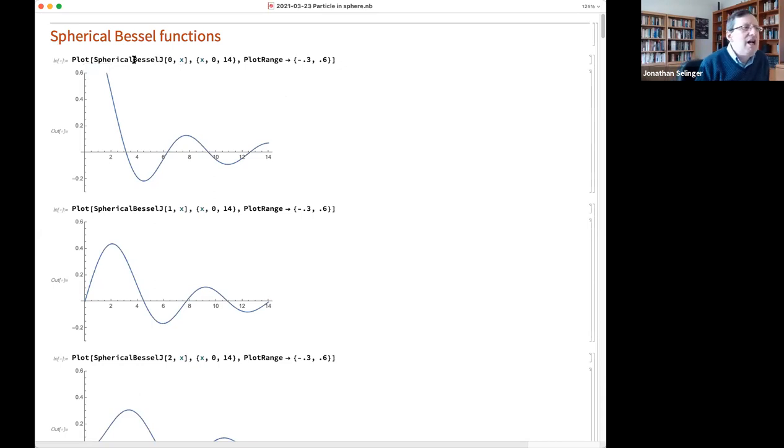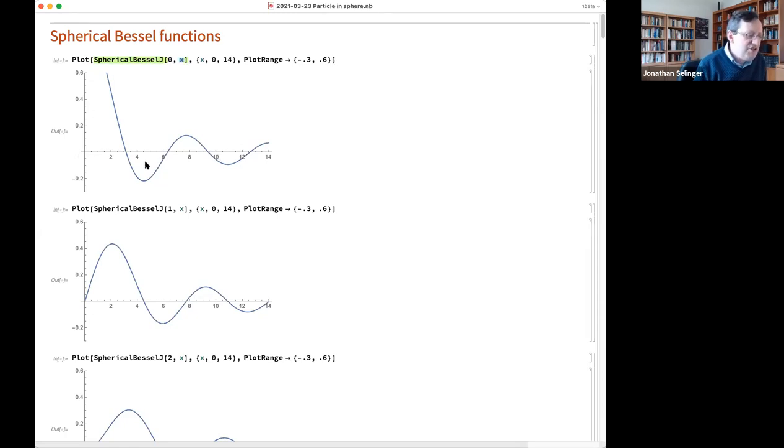And so for the spherical Bessel function, J sub L as a function of X, the command is SphericalBesselJ, and then you put in the L, and then you put in the X. Fair enough. So here's a plot of the spherical Bessel function J0.